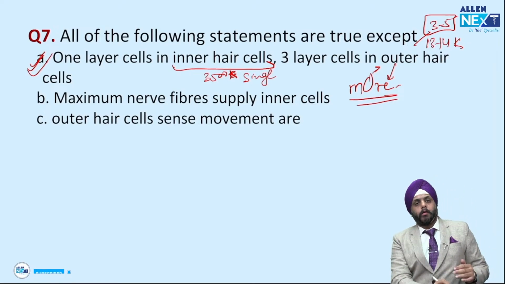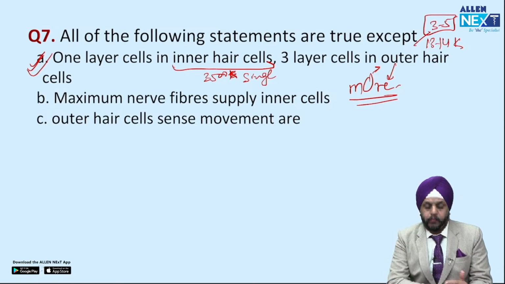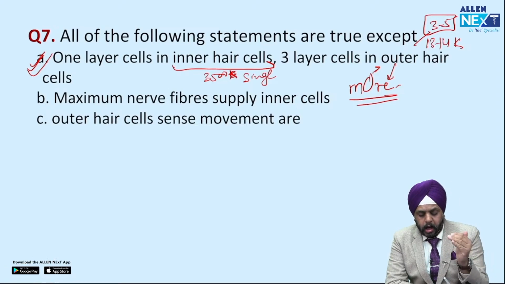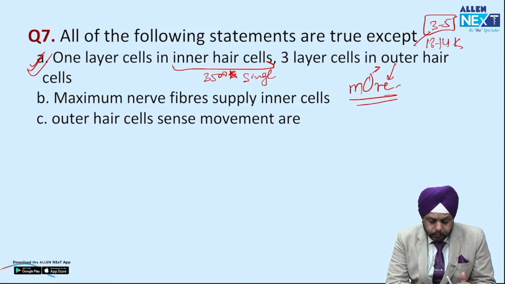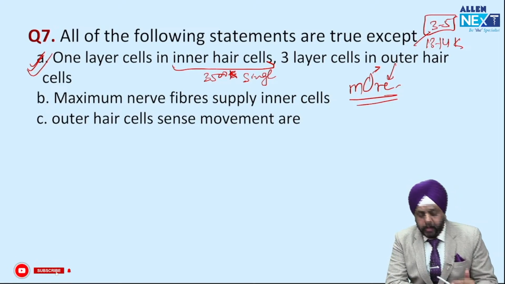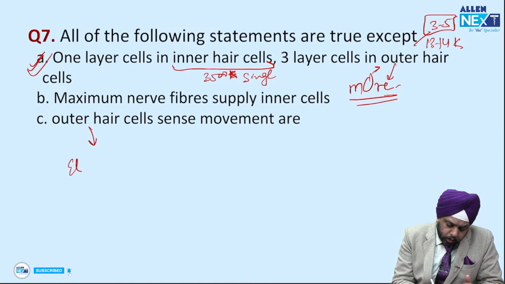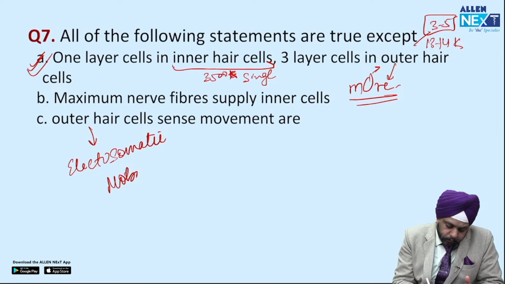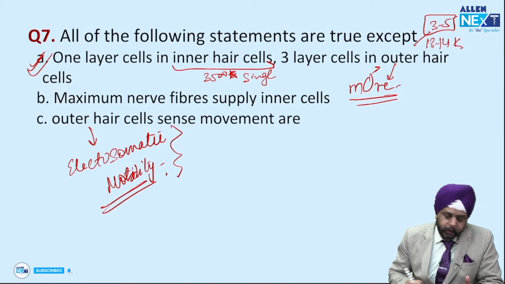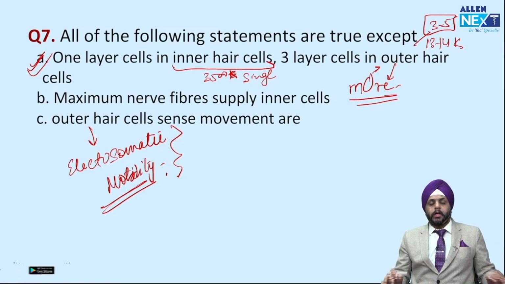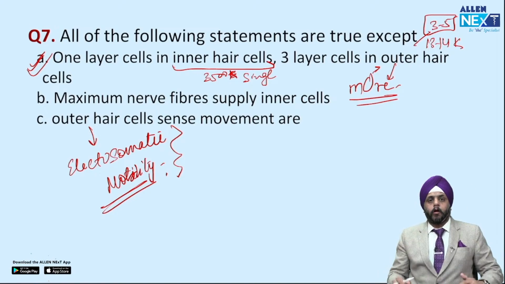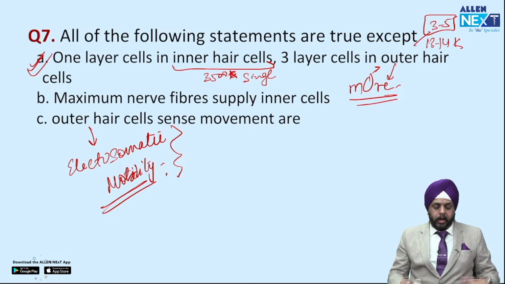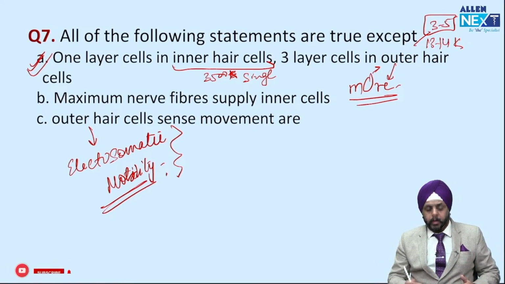Now, we have also seen the diagram in physiology. We know that the outer hair cells lead to electromotility, electrosomatic motility. We have discussed that there is a special protein inside the wall of the outer hair cells, and that leads to electrosomatic motility.